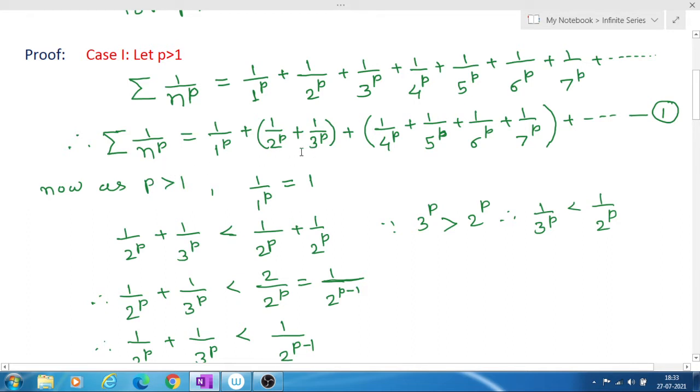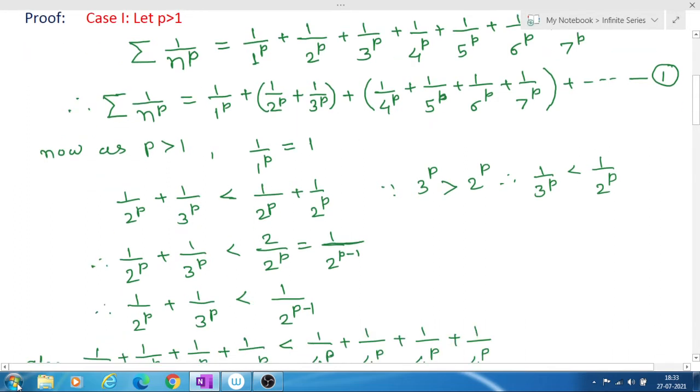Now here we take brackets: the first term remains as it is, and we put a bracket for the next two terms, again a bracket for the next 4 terms, and if we continue like this, the next bracket will contain 8 terms, and so on.